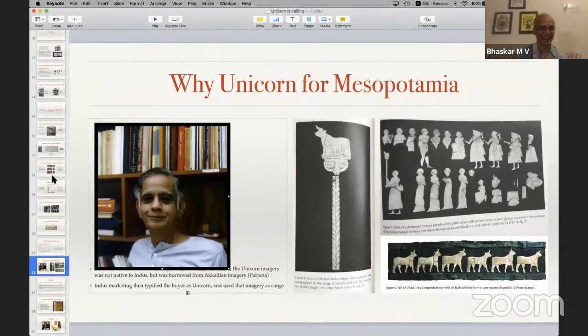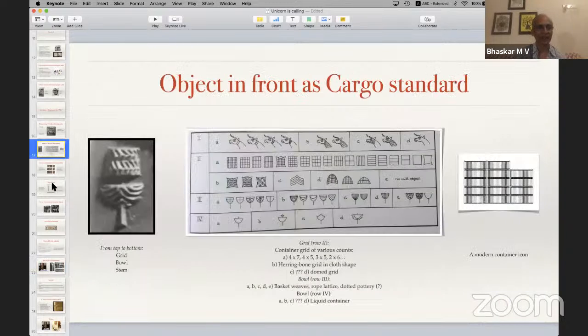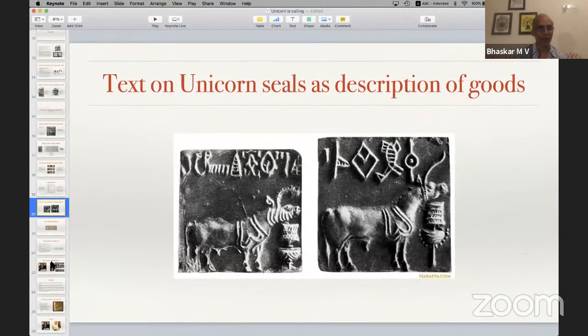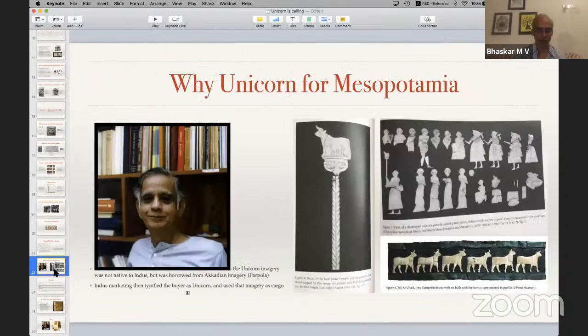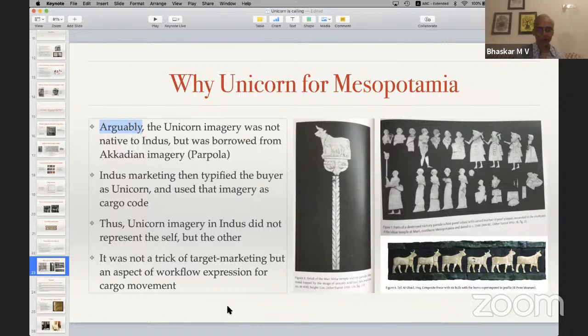Some people say that the unicorn is native to the Indus, and some people say that the Indus borrowed the motif from Akkad, but some people also say it is very much a native construct of the Indus Valley civilization.